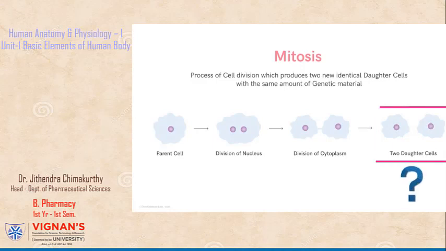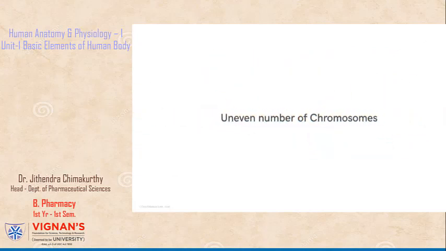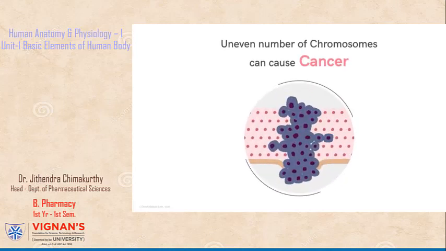So are these two daughter cells exactly similar to each other? Yes, they are genetically similar to each other. And this is the reason why mitosis is also called equational division. It's extremely important to maintain the amount of genetic material in any cell because an uneven number of chromosomes in a cell can lead to abnormalities like cancer.